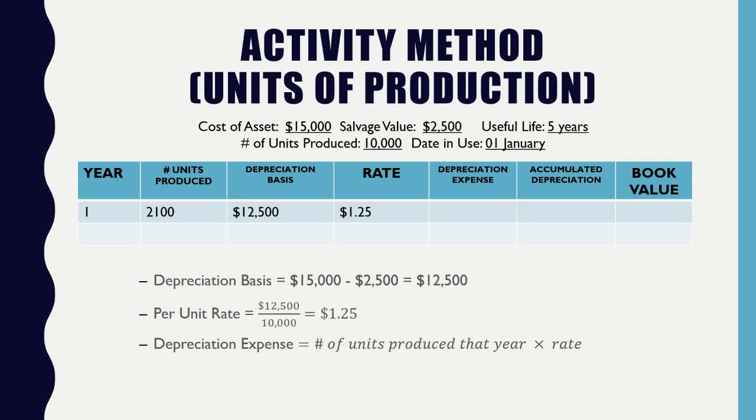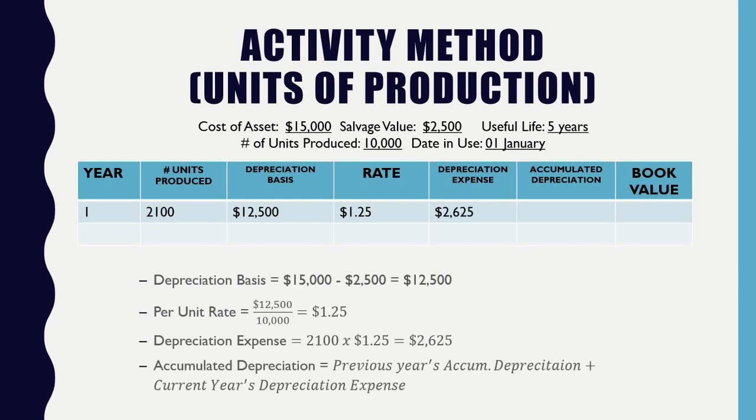Now, if someone told me that at the end of the year, I ended up making a total of 2,100 units, my depreciation expense for that year is going to be based on the 2,100 I've already produced. You're going to take the 2,100 and multiply it by the 1.25 to get the 2,625. So in this case, we're looking at two things.